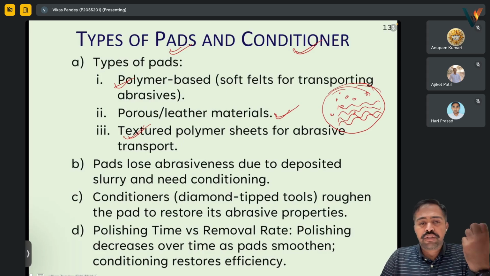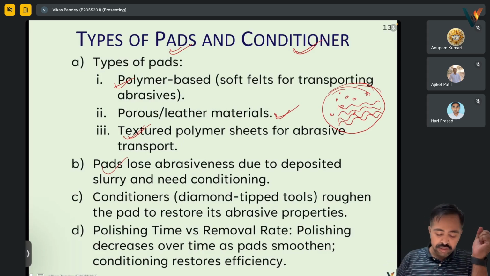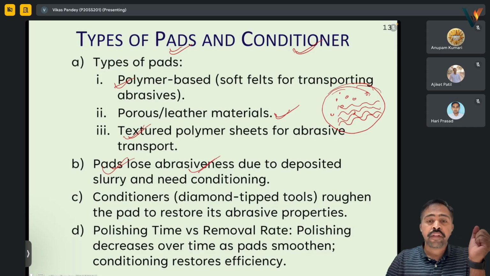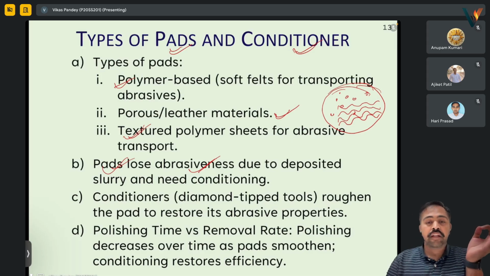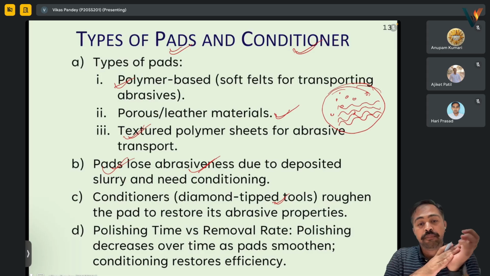After using for some time, these pads will lose their abrasiveness due to deposited slurry, and they will need conditioning. They will need cleaning. So what are the conditioners? They are diamond tip tools that are used to roughen the pad.